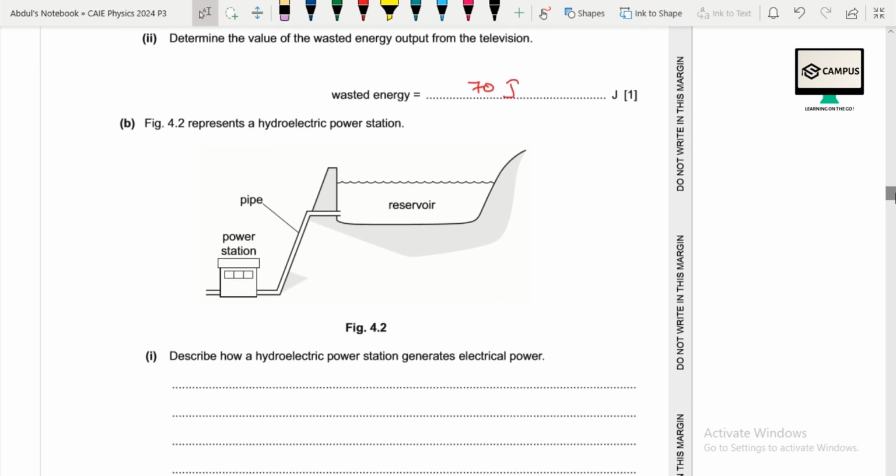Moving to part B of the question. We have a reservoir here. It's a hydroelectric power station. Describe how a hydroelectric power station generates electrical power. We can write in bullets. First of all, we have a reservoir with water at high gravitational potential. Then this water moves down the pipe towards the power station, and as it moves down, its kinetic energy increases.